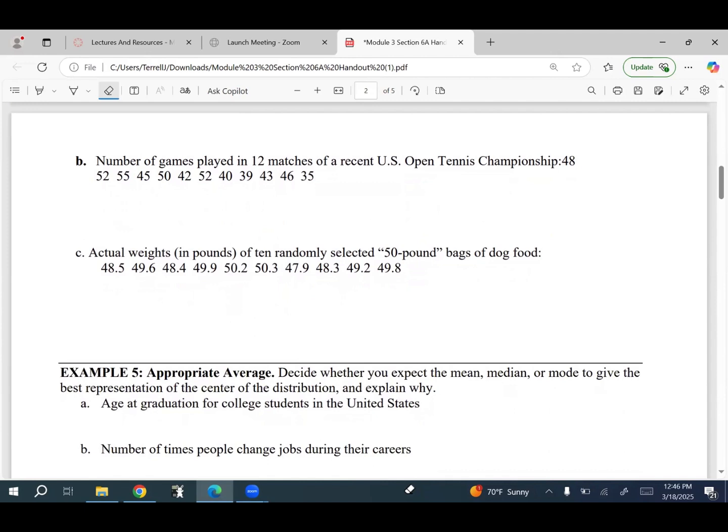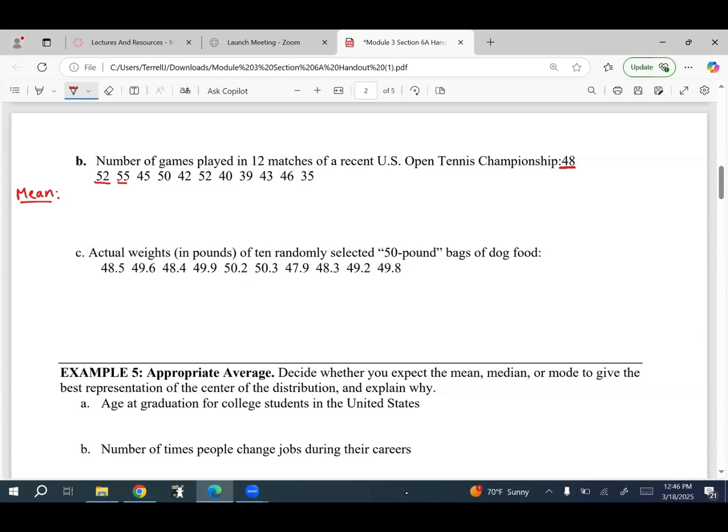So for B, again, the directions are find the mean, median, and mode. So we'll go directly into finding the mean. I just want to bring your attention to this 48 is here too. These are all data, 48 followed by 52, 55, and so forth. I just don't want you to ignore the 48.